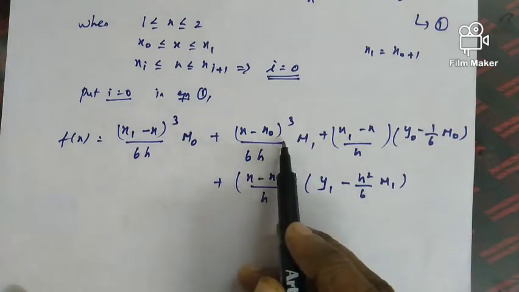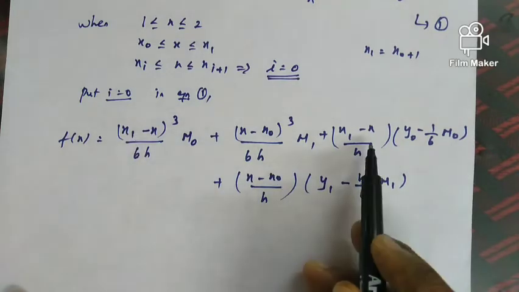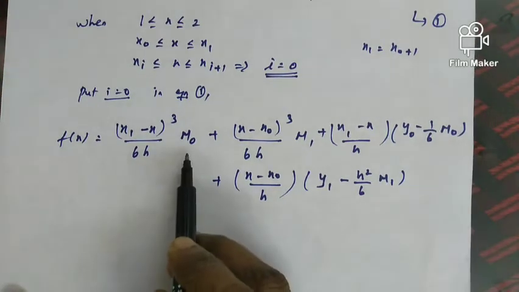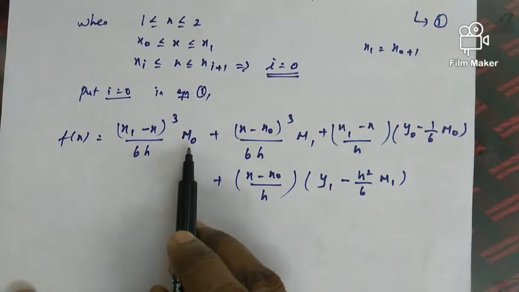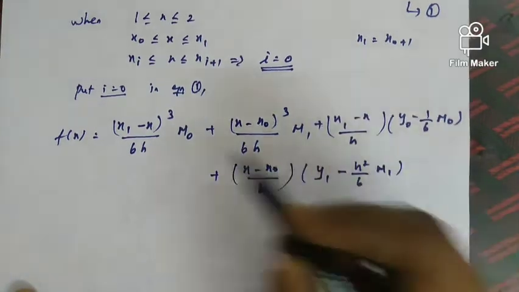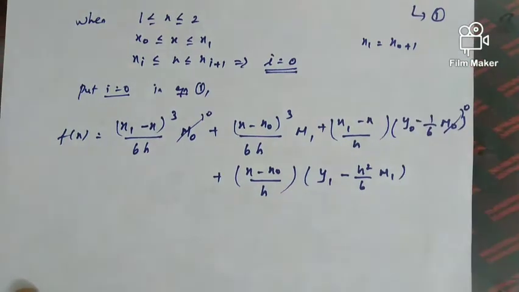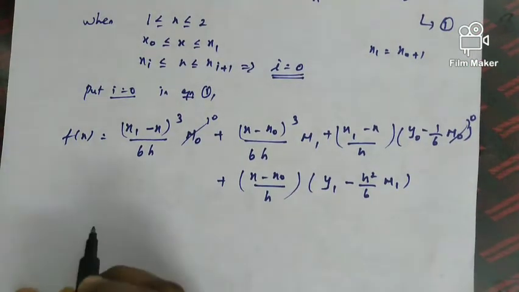In all the places of m0, m1, h and x0, x1, we have to substitute the corresponding values, and we will get the spline equation. Before applying that, first we give preference to the m values, because m0 value is 0. So this term will become 0, and here also m0 is 0. In the remaining places we will substitute the values.